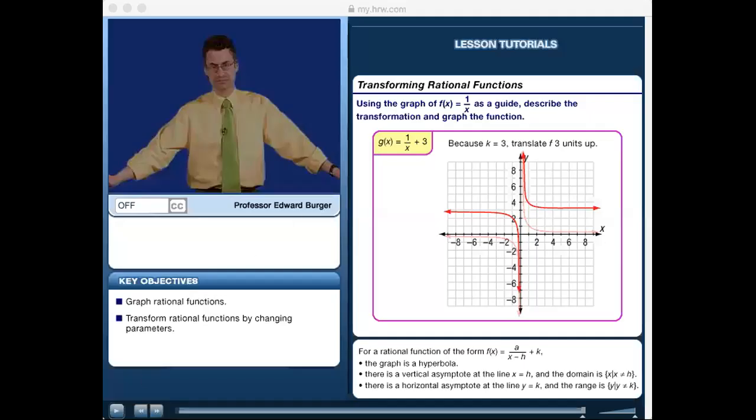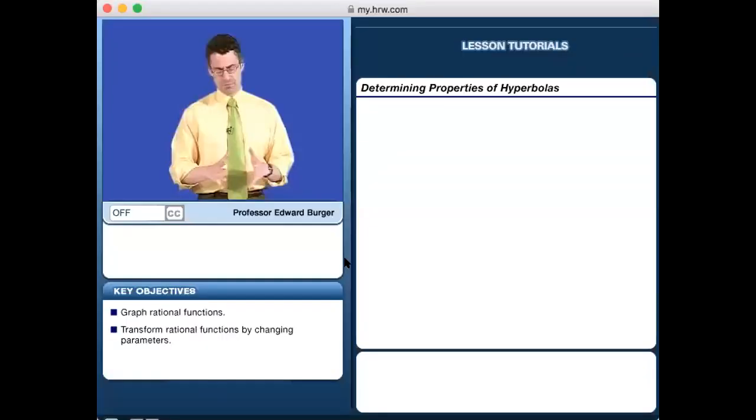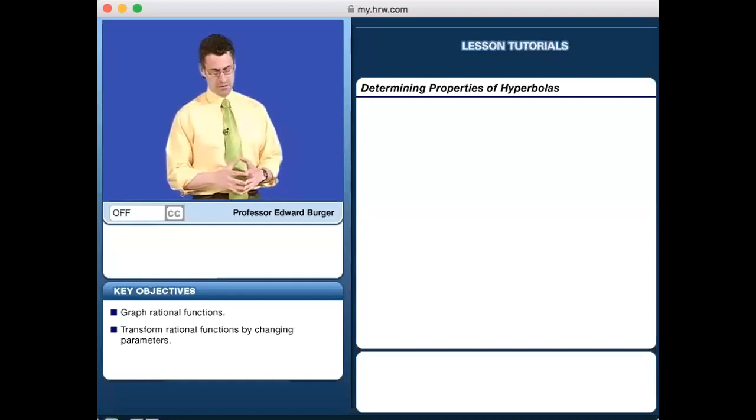All right, let's take a look at sort of a general sense of a particular type of rational function.